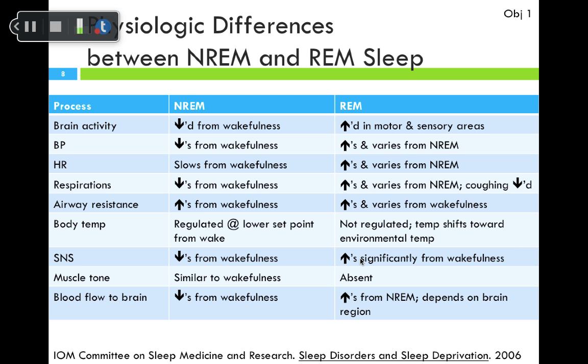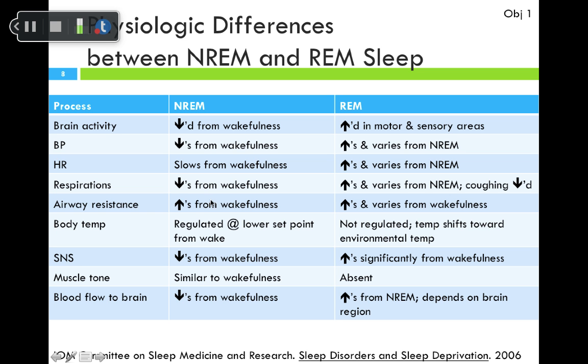So there are quite a few physiologic differences between what's happening in the body of somebody in non-REM sleep and somebody in REM sleep. For the most part, most of what happens in non-REM sleep is almost the opposite of what happens in REM sleep, and you can keep that as a general concept to remember. However, there are a couple that are similar.